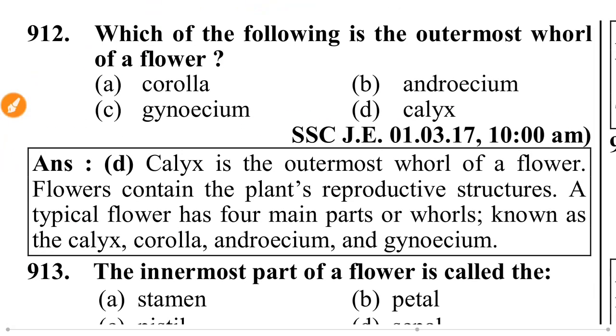Which of the following is the outermost whorl of a flower? That is calyx. Calyx is the outermost whorl of a flower. Flowers contain the plant reproductive structure. A typical flower has 4 main parts or whorls known as the calyx, corolla, androecium, and gynoecium.